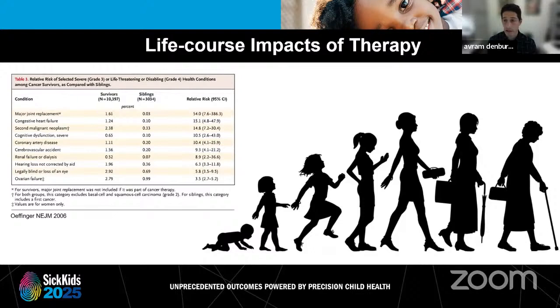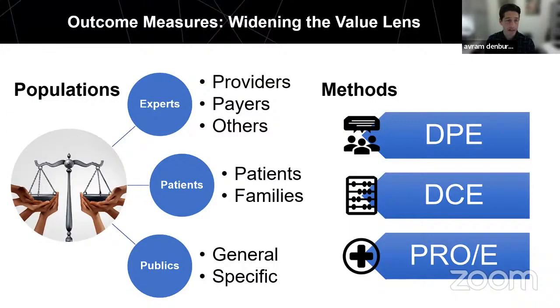So we know that these therapies have implications for children as they grow into adulthood. These are often deleterious, and these impact kids across the life course. And we need to factor that into HTA.